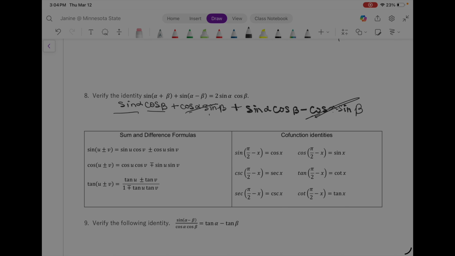I have a sine alpha cosine beta, sine alpha cosine beta. So in other words, I have two of them: 2 sine alpha cosine beta, and that equals what we intended it to. And as you just saw, instructors make mistakes too. And we got to go back and rethink what we did wrong. All right.